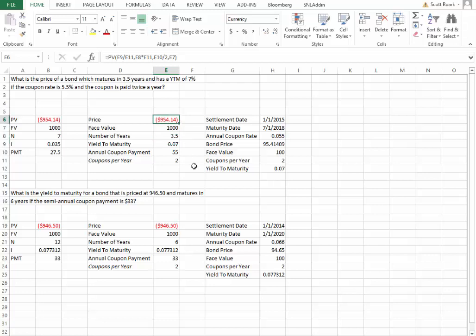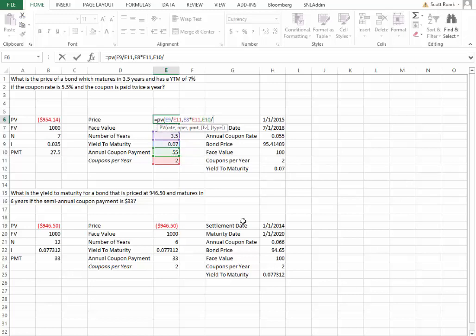So if I go up to the price formula here, the PV, now I'm going to have to make a few adjustments within the formula itself. So my rate is going to be the yield to maturity, but I'm going to have to divide that by the coupons per year. The number of periods is going to be here, the number of years, but again I need to adjust that by the number of coupons per year. The payment is going to be down here, the annual coupon payment.